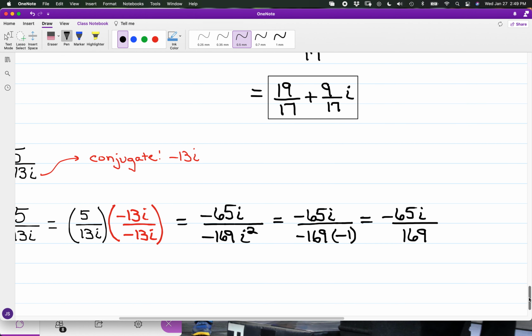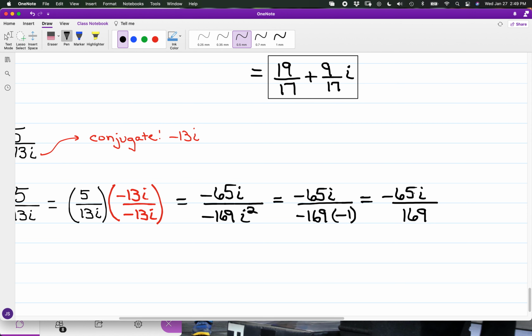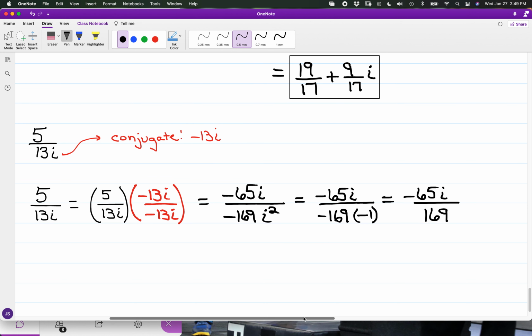And for what we have here, we can reduce this ratio. We undid the presence of 13i, and the purpose of the conjugate is mostly to just undo the i in the denominator.